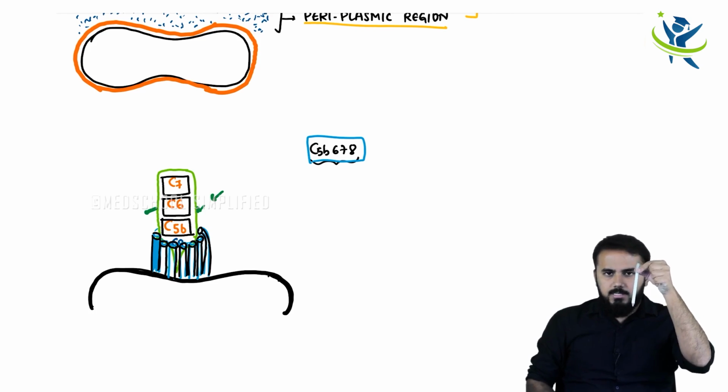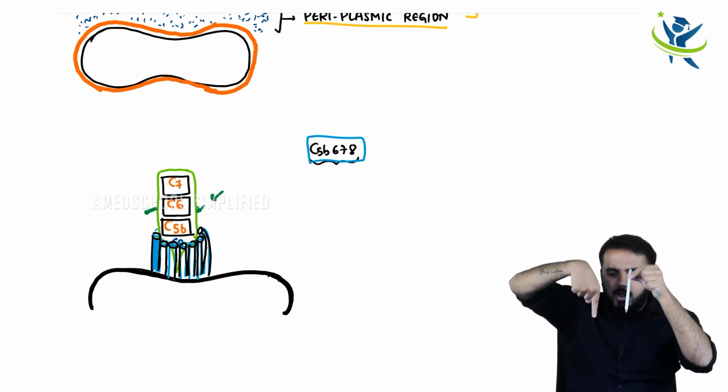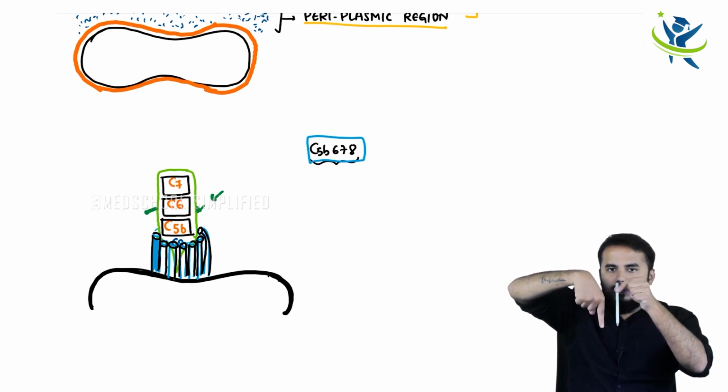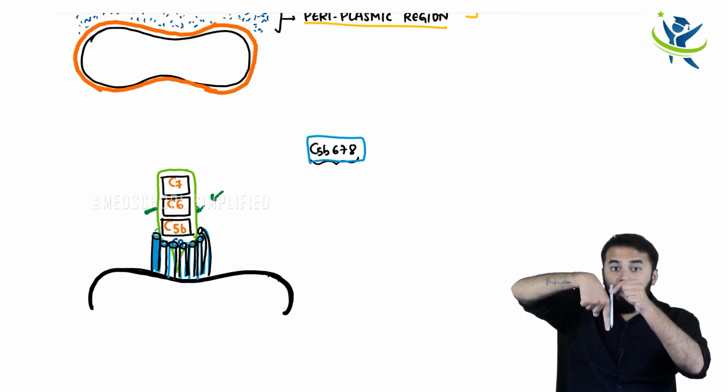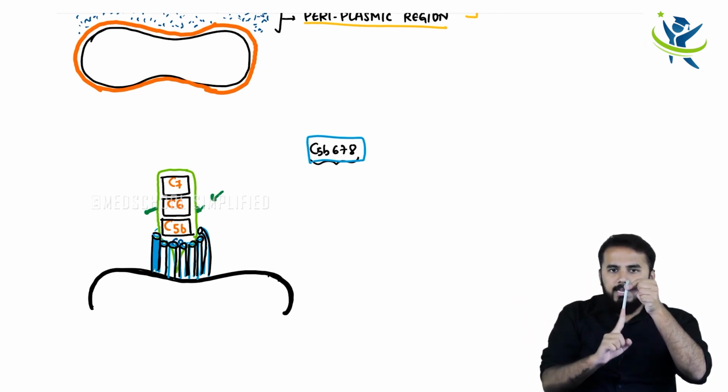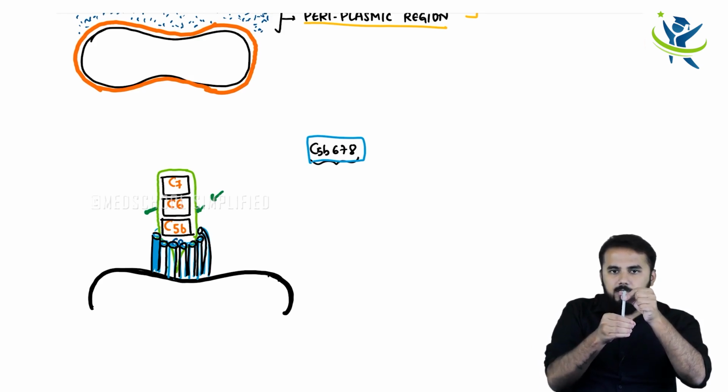Now this C5b, C6, C7, C8 molecule, this is C9. It went and attached to the C9 molecule. The moment it attached to the C9 molecule, C9 will start to divide. One C9 will divide into 2, 3, 4, 5. So all these C9 molecules will start completely surrounding this complex.